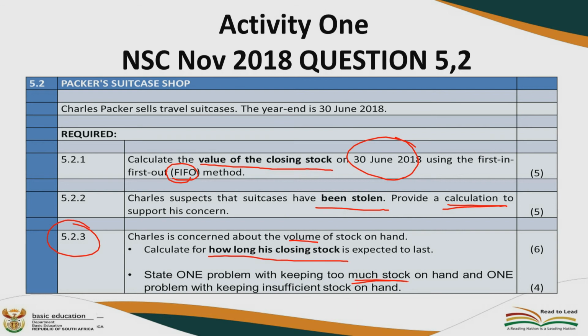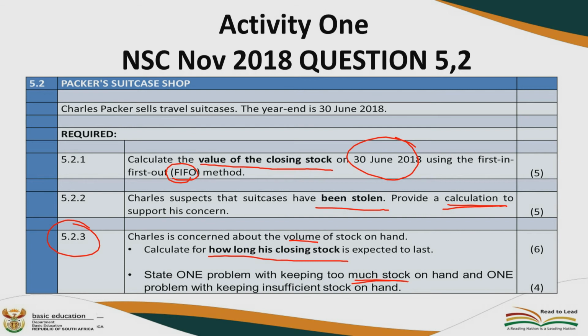Okay? Remember what I said earlier on? Cash will move in the opposite direction to your inventory. So if you're keeping too much inventory in the business, it simply means you do not have cash. So you are going to have what we call liquidity problems.